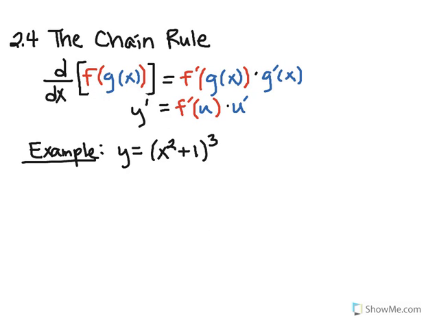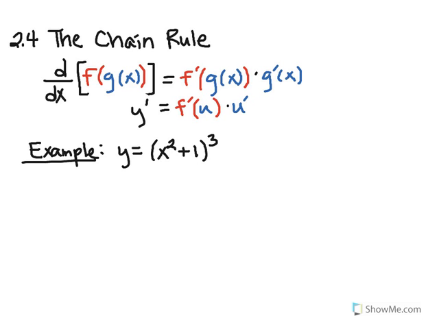Okay, so up here I kept the Leibniz notation and then I wrote the Newton notation underneath it. So you can see both ways as we go through this. So let's take a look at this example. It says y equals x squared plus 1 cubed. Now, one way of doing this we could go ahead and cube out x squared plus 1. However, it's time consuming and there's a more sophisticated way of doing it.